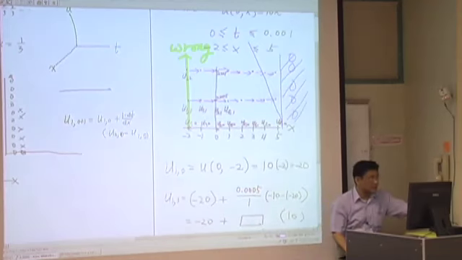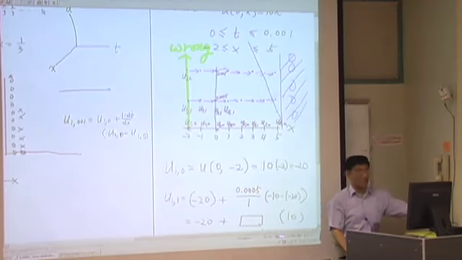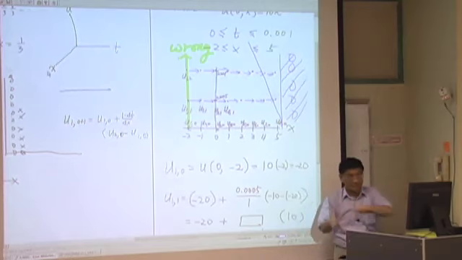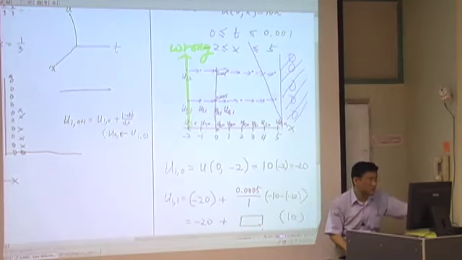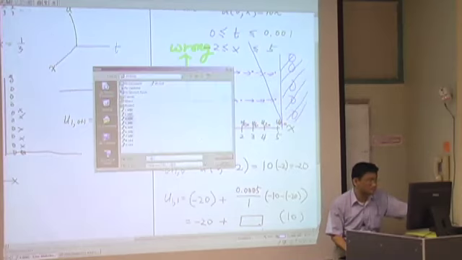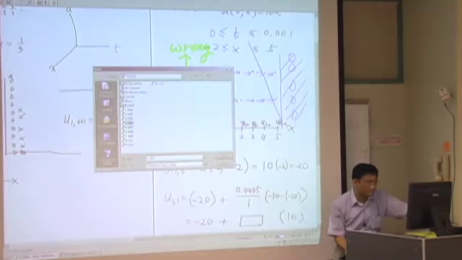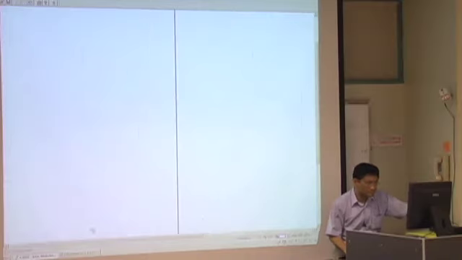In this sense, you know almost everything. Once you clear these things, others are just variations of this thing. For instance, assume that you want to solve a heat equation.